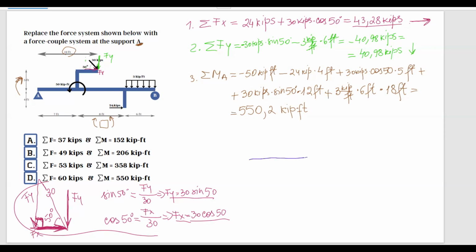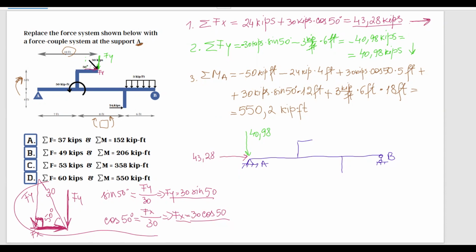So now if I would like to draw this system or this frame, let's say, this is the support at point A, and this is the support point B. I have come up with the horizontal force of 43.28, and I have calculated a vertical force of 40.98.